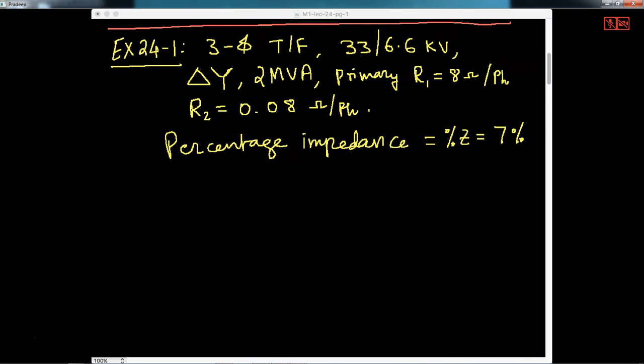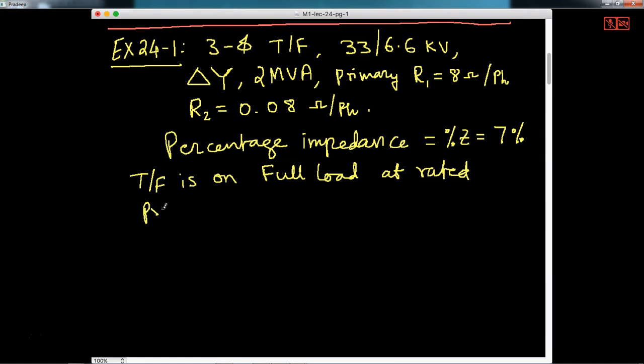Now, it is operating on rated, the transformer is on full load at rated primary voltage.